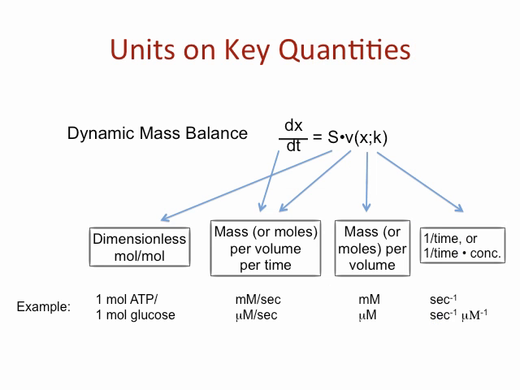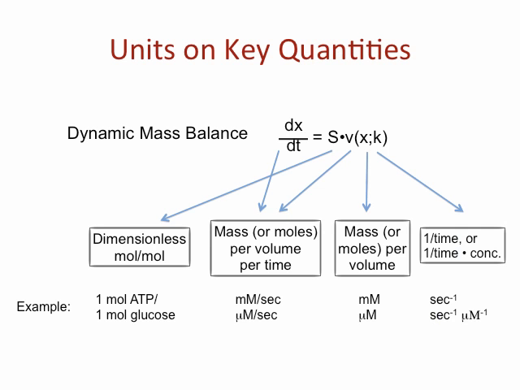And then this matrix S, which is the stoichiometric matrix, is multiplied by a column vector of the reaction rates. The reaction rates, which we will discuss in more detail later on, are functions of the concentrations x, and have a number of rate constants in them designated by k in this equation.